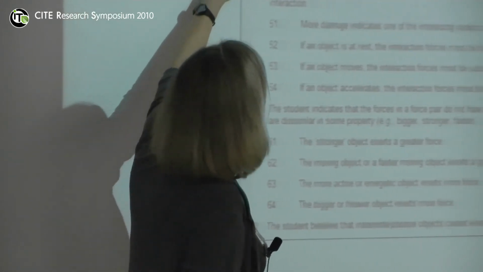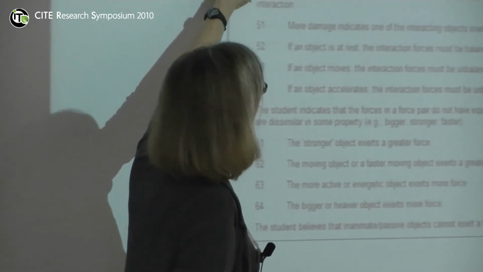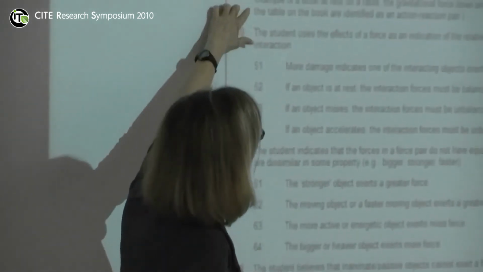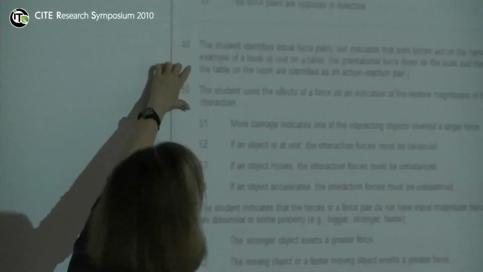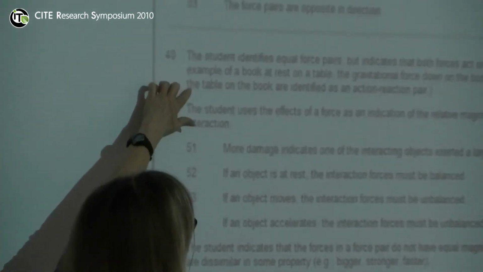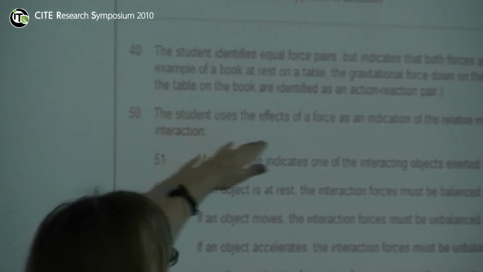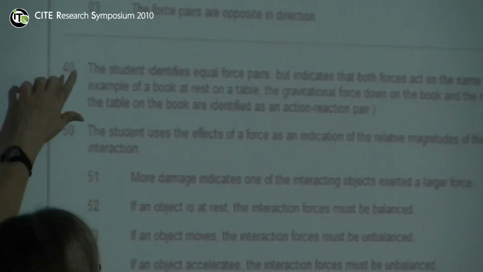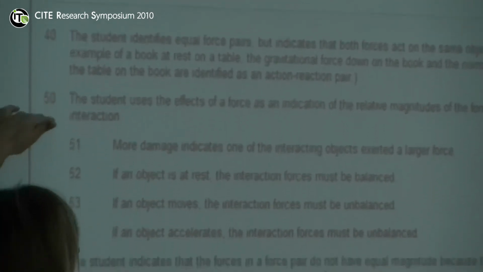So in this one, 40, the student identifies equal force pairs, but indicates that both forces act on the same object. For the example of a book at rest on a table, the gravitational force down on the book and the normal force up by the table on the book were identified as an action-reaction pair. That actually has a number. And then here's another one.